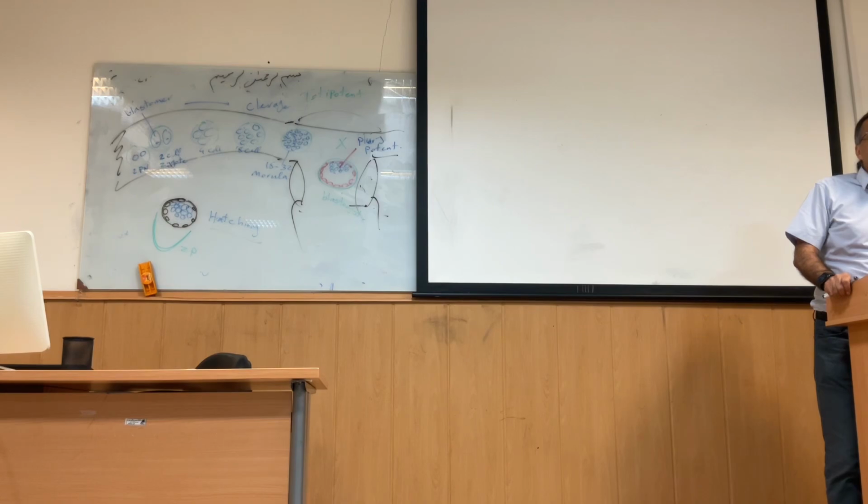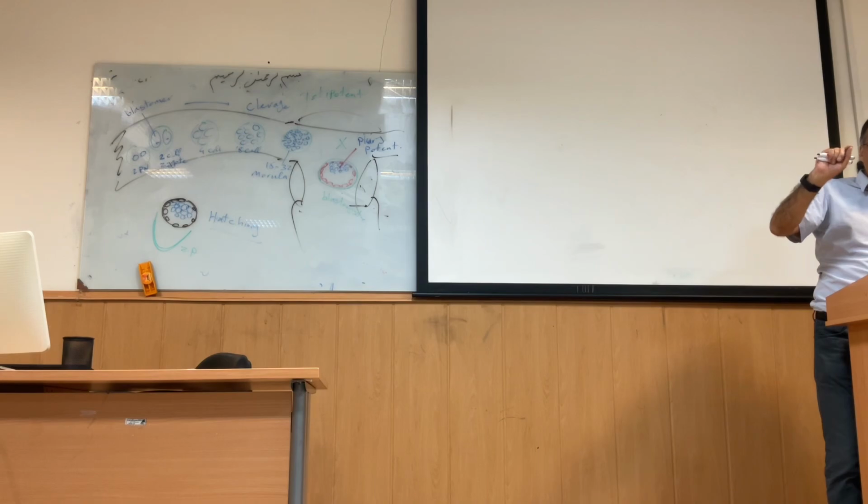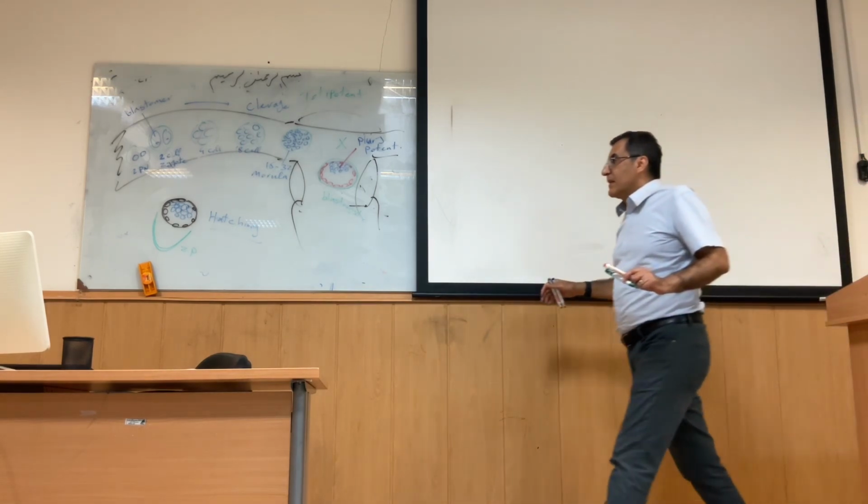How does it happen? By secretion of trophoblast cells, which produce an enzyme that thins and finally breaks the ZP. Okay, that's all.